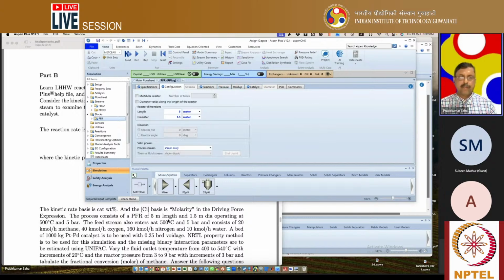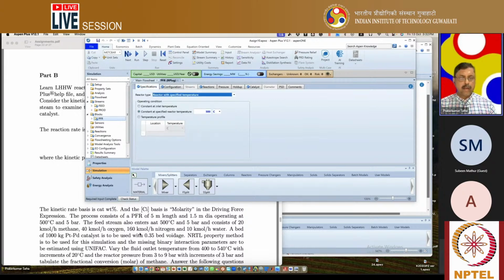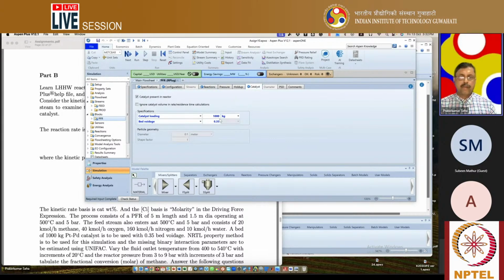PFR is 5 meter and 1.5 meter configuration, and reactor specified temperature 500 only. Okay. And then catalyst 1000 kg, yeah, 1000 kg, and 0.35 bed voidage.